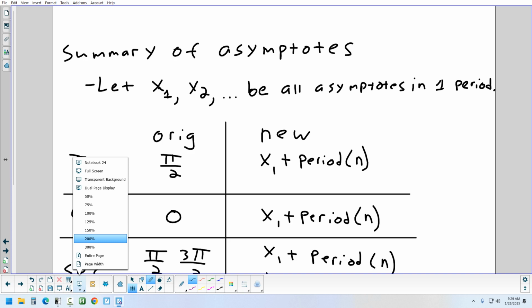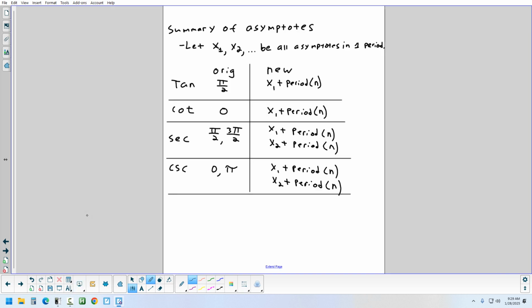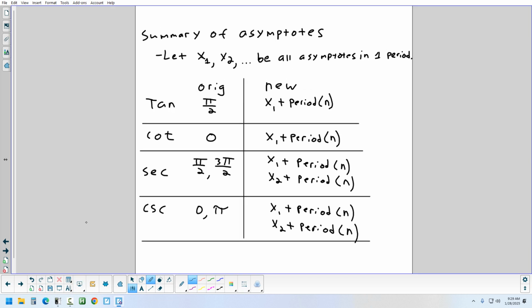But first, let me give you a summary of all the asymptotes for the original trig functions. That's what's in the left column. So tangent, the first positive asymptote is at pi over 2. Cotangent, well, we'll call it the first non-negative asymptote, is at 0.